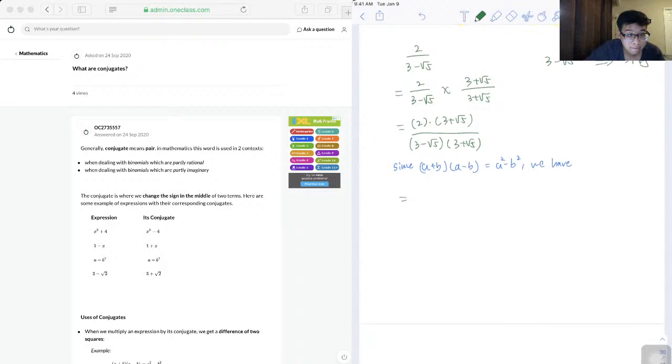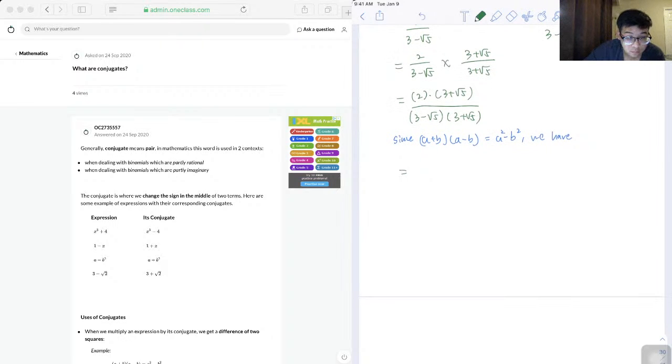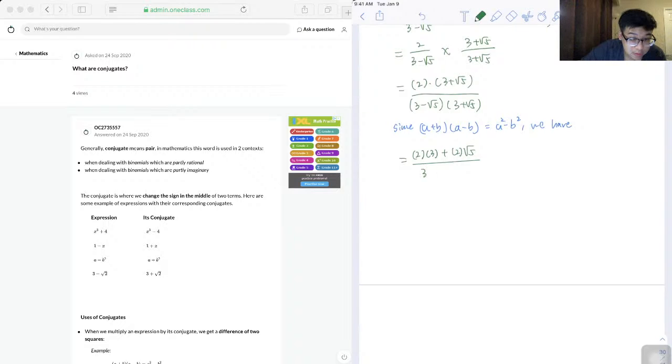Right. So our bottom, according to the distribution rule, we just got 2 times 3 plus 2 times 0.5. And for the bottom, we just got 3 squared minus 0.5 squared.